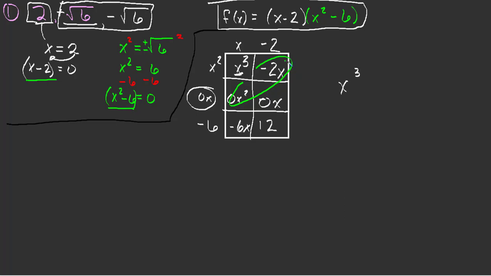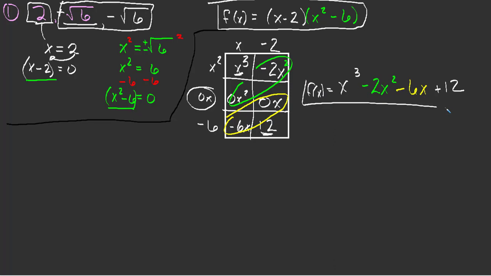Oops, that was supposed to be squared here. Minus 2x squared. And then I'm going to grab my linear terms, and that'll be minus 6x. And then I'm going to grab my constant term in the chart, and that was a positive 12. And so I say f of x equals all of that multiplied through.